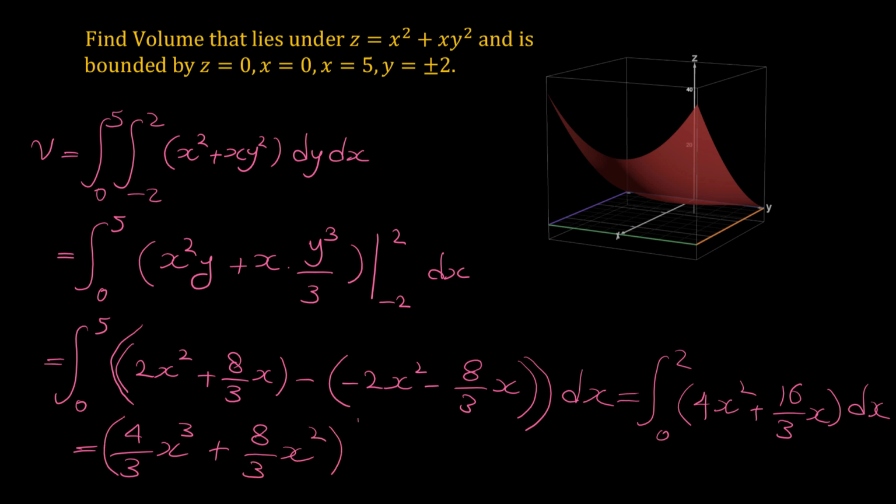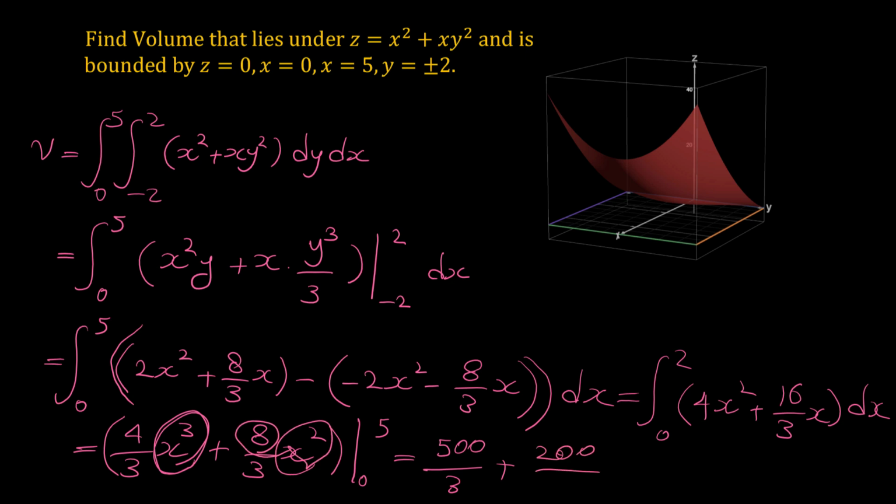All of this is from 0 to 5. If we plug in 5 here, 5 cubed is 125, and 125 times 4 over 3 is 500 over 3. 5 squared is 25, times 8 is 200 divided by 3. If we add these two, it's 700 over 3. So the volume is 700 over 3.